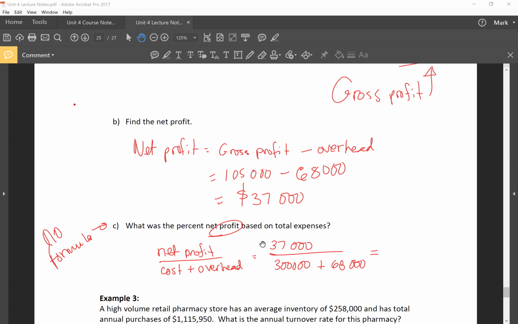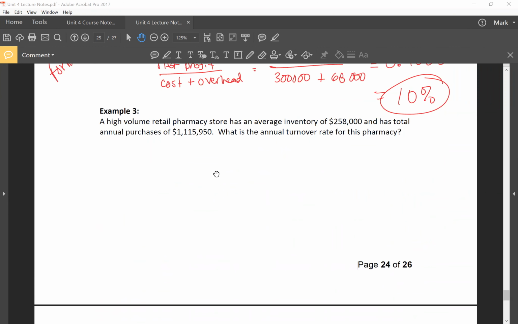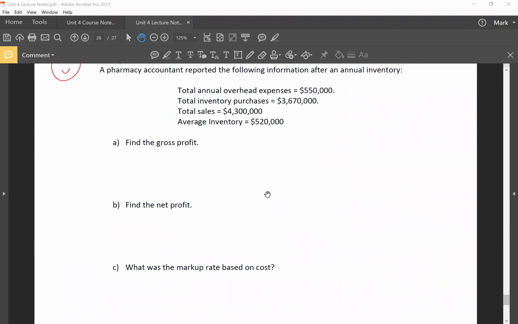So my calculator says 0.1005, which is 10%. Guys, we can review this tomorrow, but I hope you know how to change a decimal to a percent. Times it by 100. Perfect.